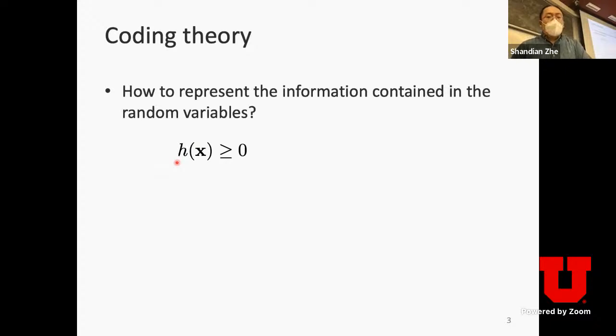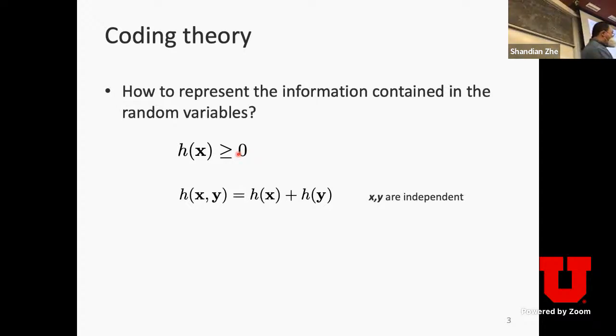The second natural property we can think of is that suppose you have two random variables, X and Y. If they are independent, meaning that they're not related to each other at all, then their joint information should be the summation of their individual information. This is another natural property it should satisfy.